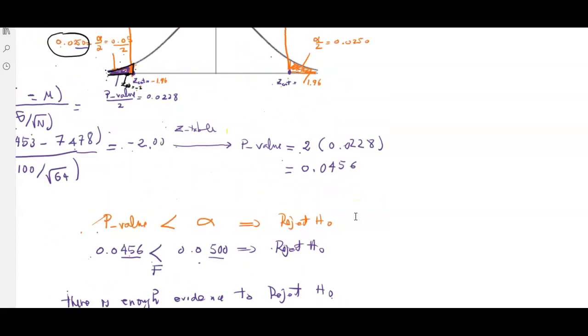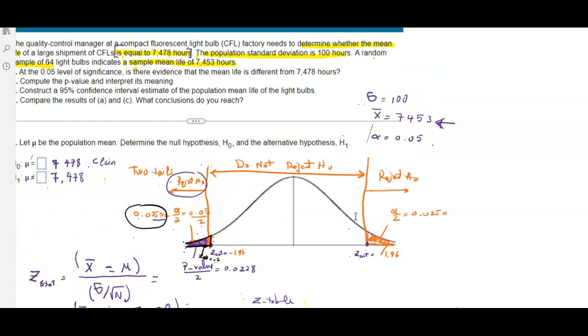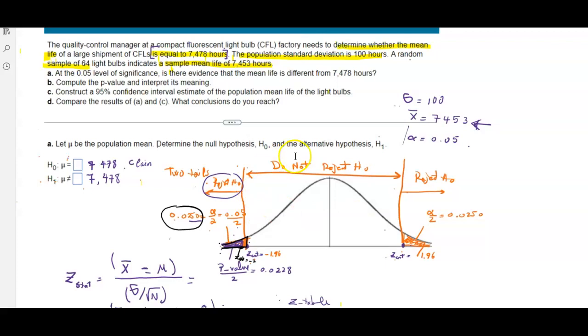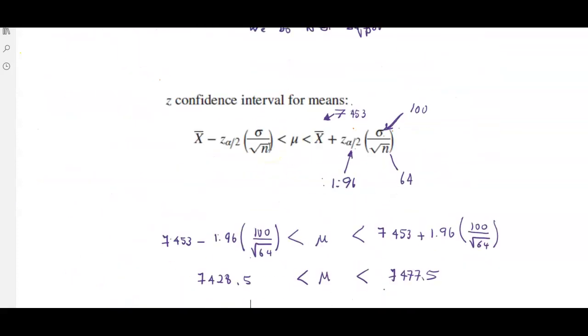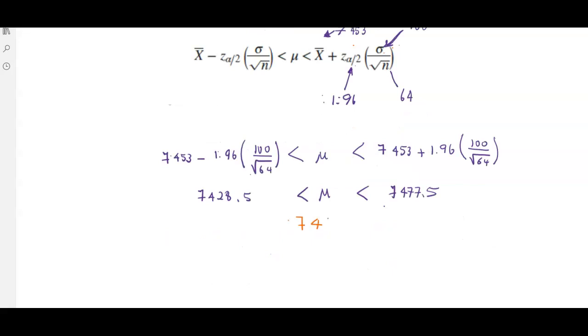We can do the opposite work: if the mean is in between this interval, then we accept H0, otherwise we reject it. And because the mean was 7,478, do you notice here that it is slightly outside? So this is not within the 95% confidence interval.